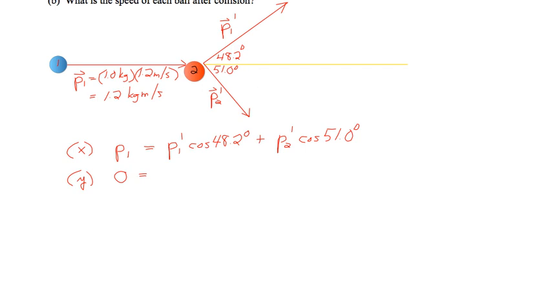So I'm going to write first the positive, which is going to be a component of P1 prime. P1 prime times what? Sine of 48.2 degrees, minus, because the other one is down, that's the minus. So minus P2 prime times what? Sine of 51.